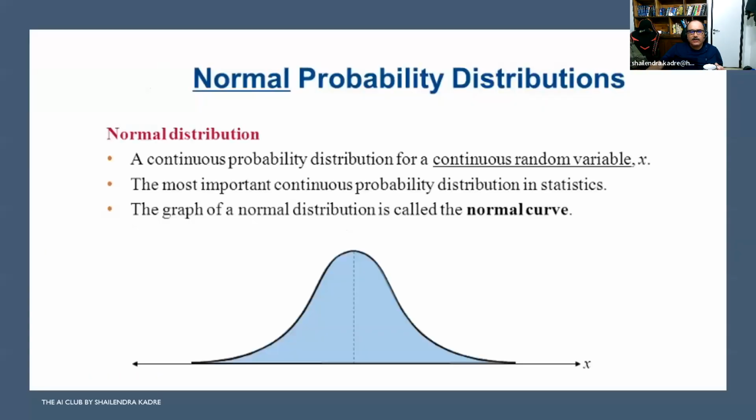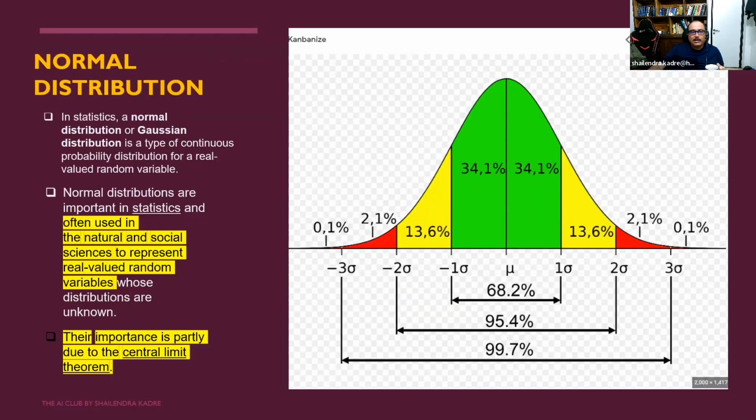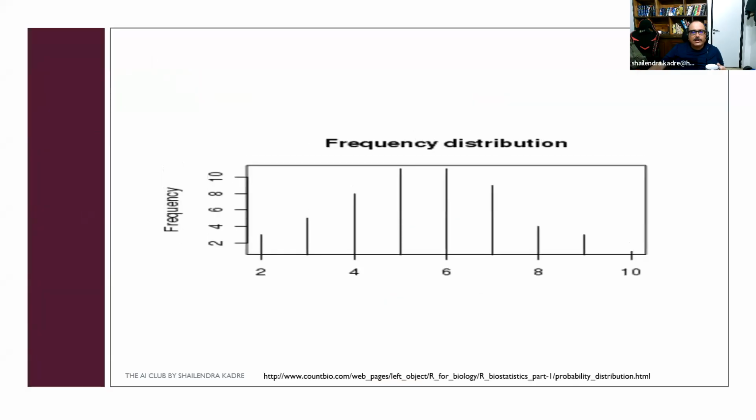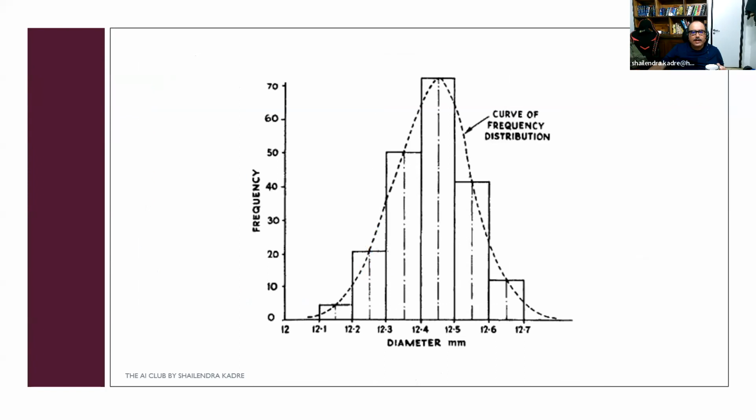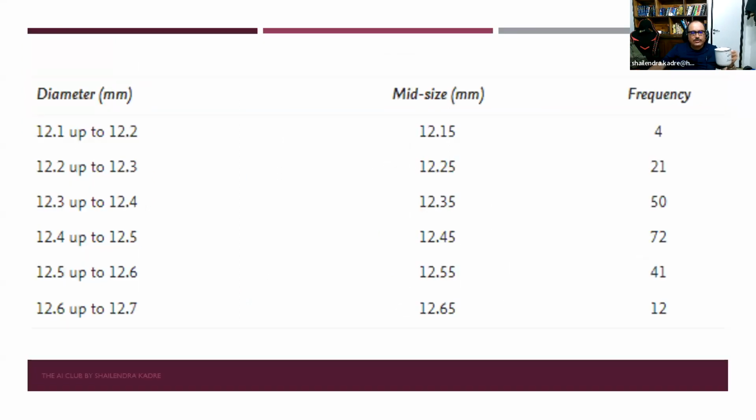Another property I want to tell is that it is for a continuous number. If you study this data, the bolt diameter can be any point, with a decimal point, so I can have infinite ranges.